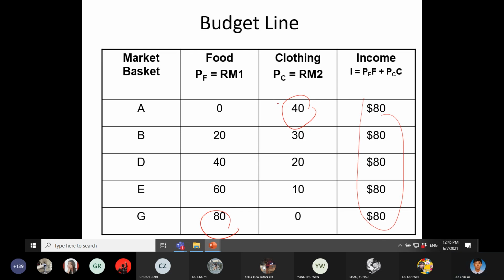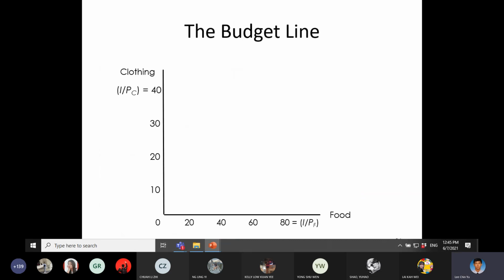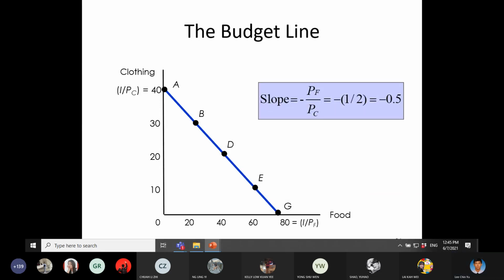Basically, you just draw a straight line because you define the intercepts. You can see that this is our budget line. You just draw a straight line after you find point A and point G, because it is downward sloping and it is a straight line.